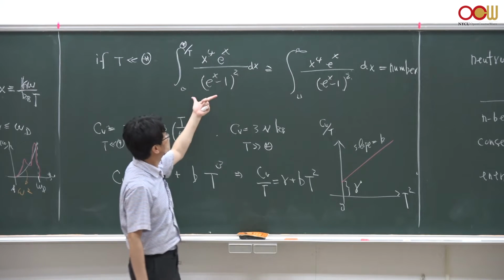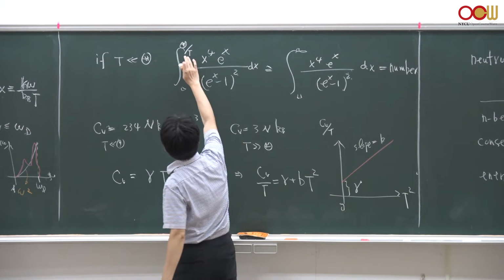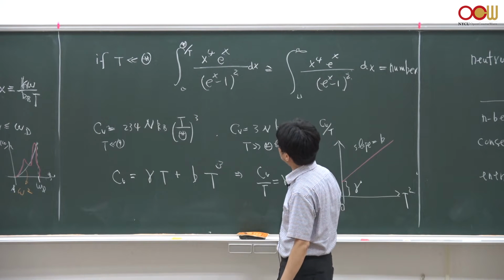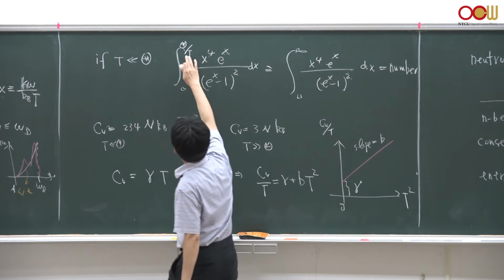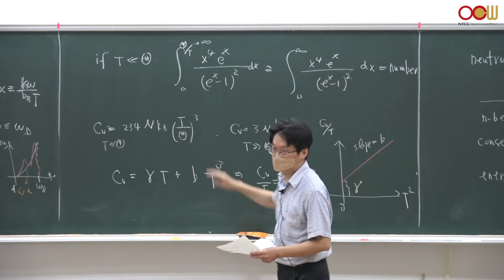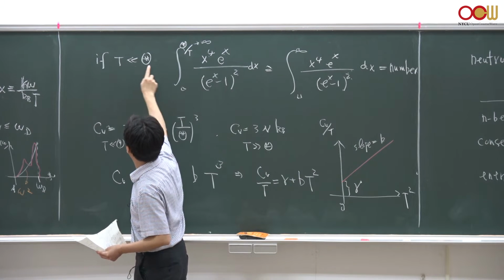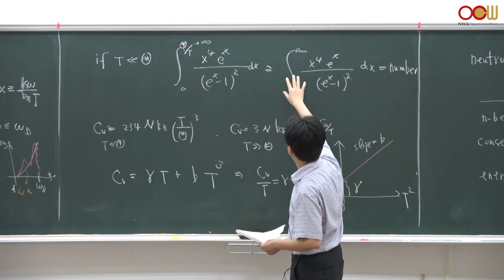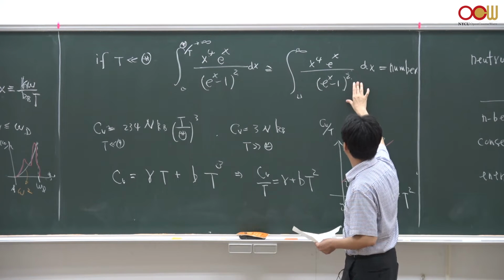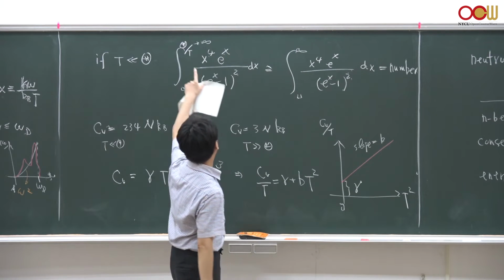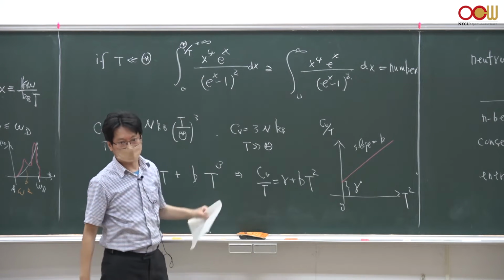In such a case, the upper bound for this x integral, theta over T, is very large, almost infinity. So when the temperature is much lower than the Debye temperature, this integral can be approximated by the integration over x from 0 to infinity, because theta over T is almost infinity.